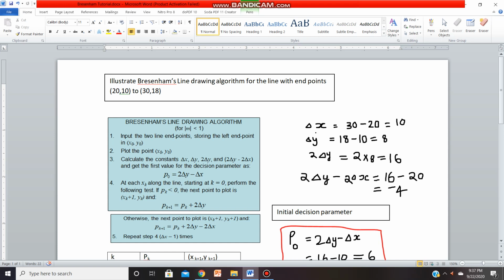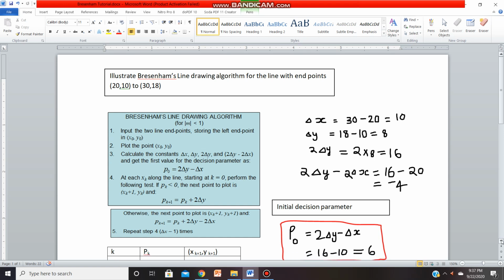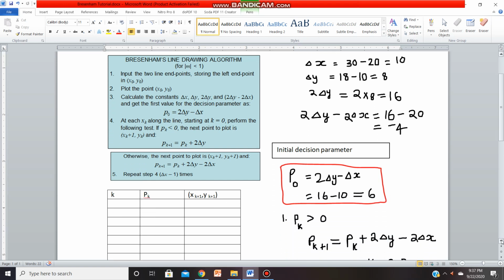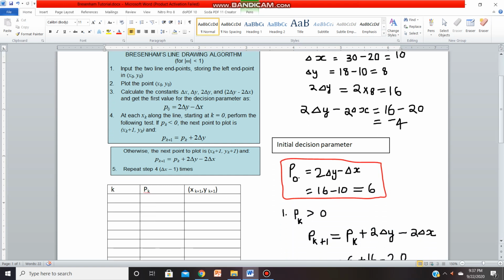So we got all these constant values as referenced in Bresenham's line drawing algorithm. Now we will calculate the first value of the decision parameter. When k takes the value 0, we calculate the initial decision parameter P0 as 2 delta y minus delta x.